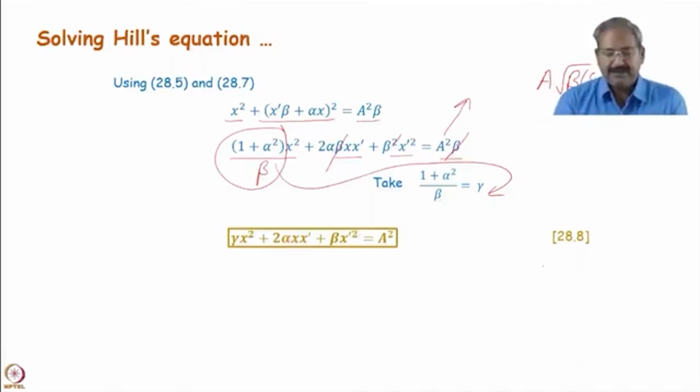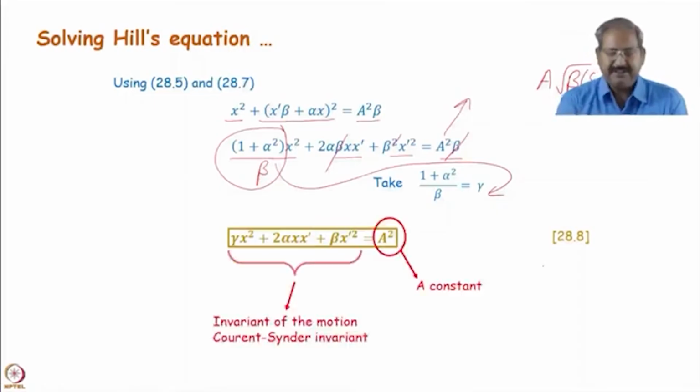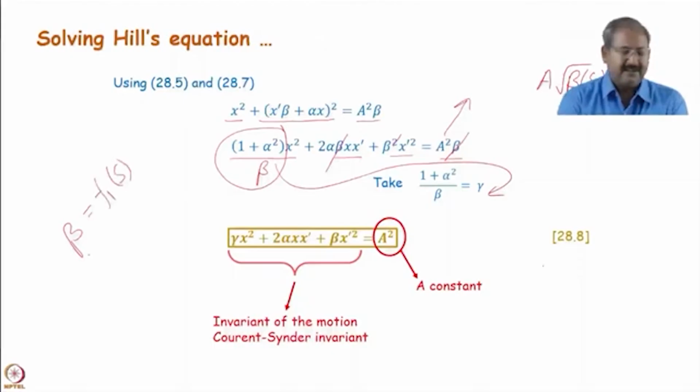Now the above equation becomes gamma x squared plus twice alpha x x prime plus beta x prime squared is equal to a squared. Now you can see one thing here, that the left part contains gamma, alpha, beta. This beta basically is a function of s. Alpha, because it is a differentiation of beta, is again a function of s.